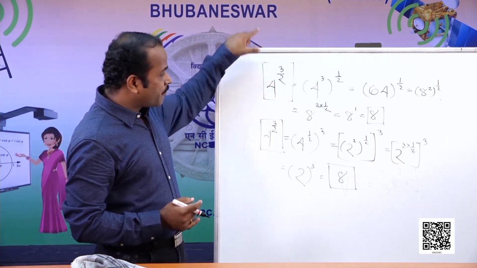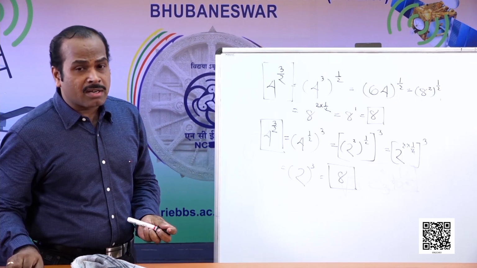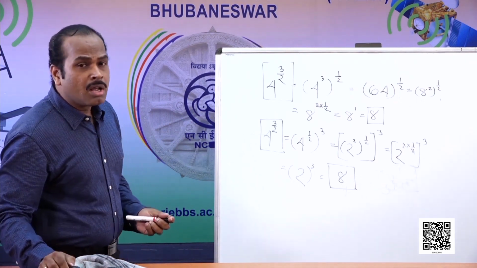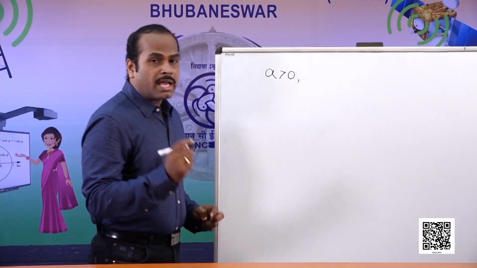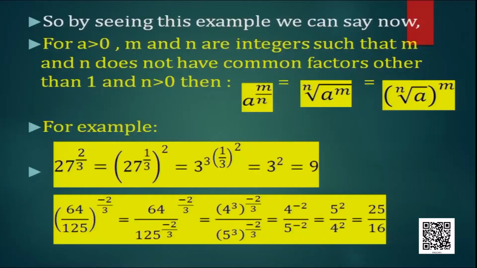Okay, so from this expression we can now say: for a greater than 0, m and n are integers such that m and n don't have any common factors other than 1, and n greater than 0.